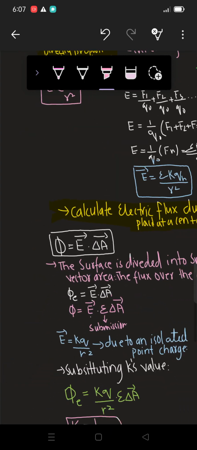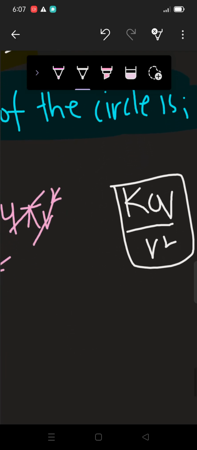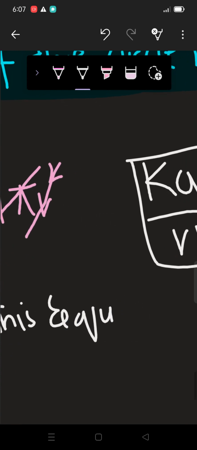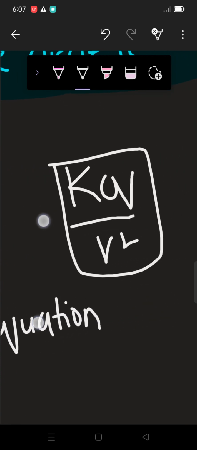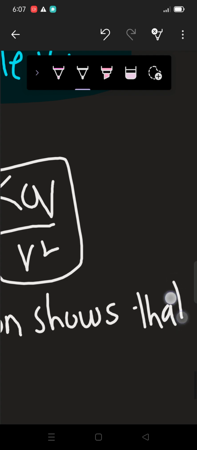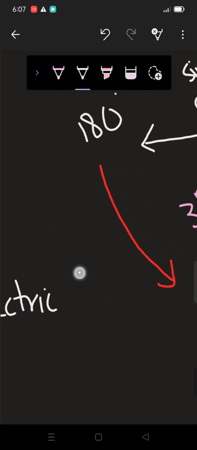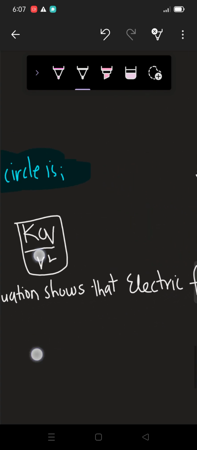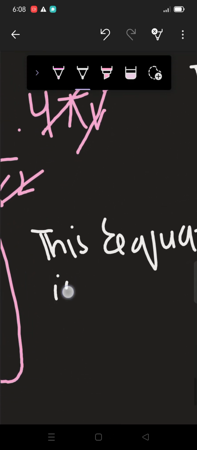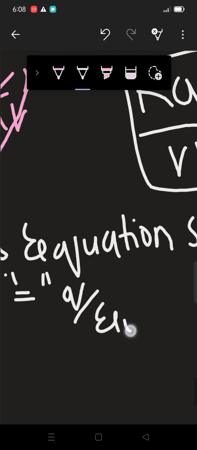So the final equation, wait, let me write that here. This equation shows that electric flux is equal to the charge enclosed, per unit epsilon naught.